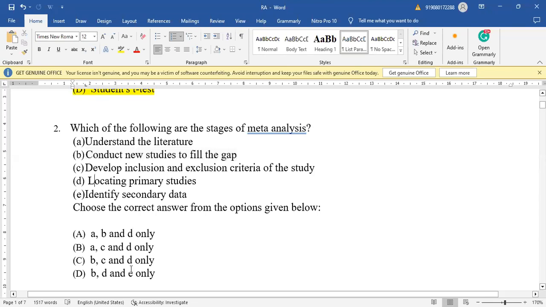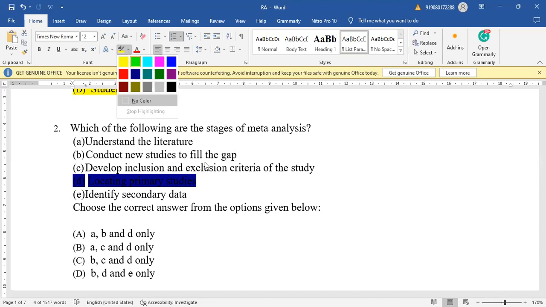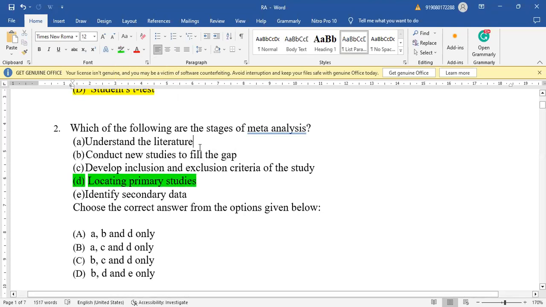D is also appearing, in 4 times, correct? That means D is anyway right. You should not read it. Understood? Don't waste your time reading option D because it is there in all the options. Apart from D, A is appearing twice and C is appearing twice.